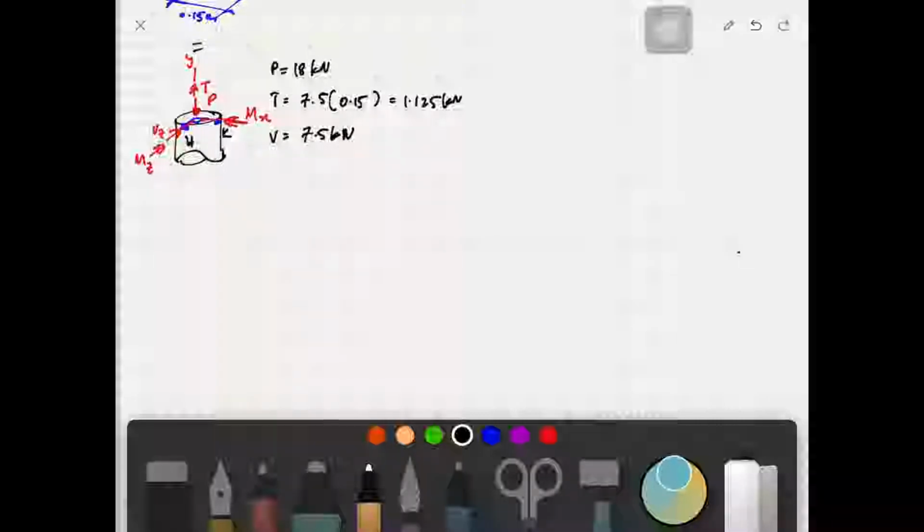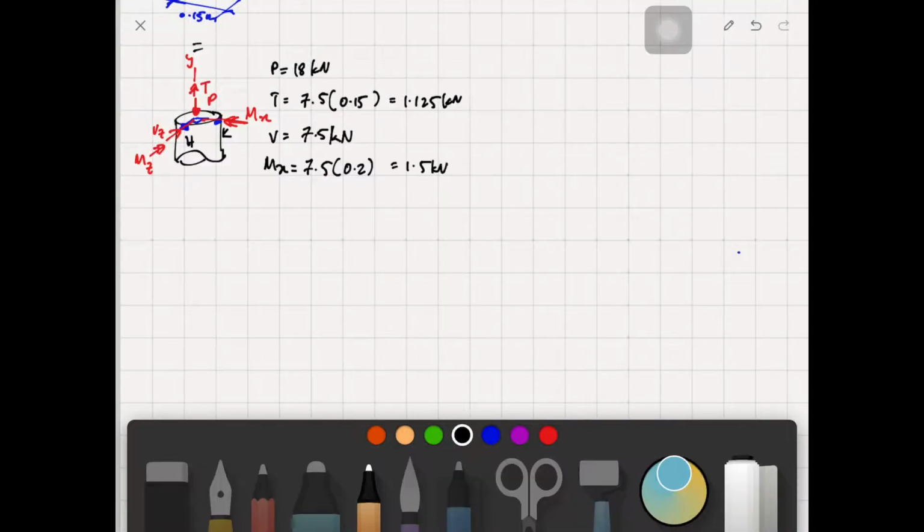That is the magnitude of shear force for this system. We have moment x that I said earlier, the magnitude is 7.5 multiplied by 0.2, the distance, which is equivalent to 1.5 kilonewton meter. And we have moment z, positive z direction.